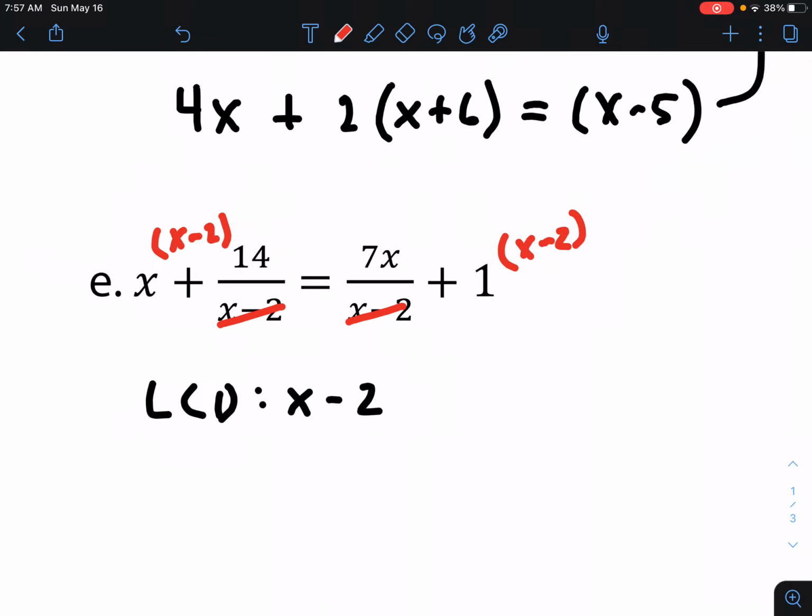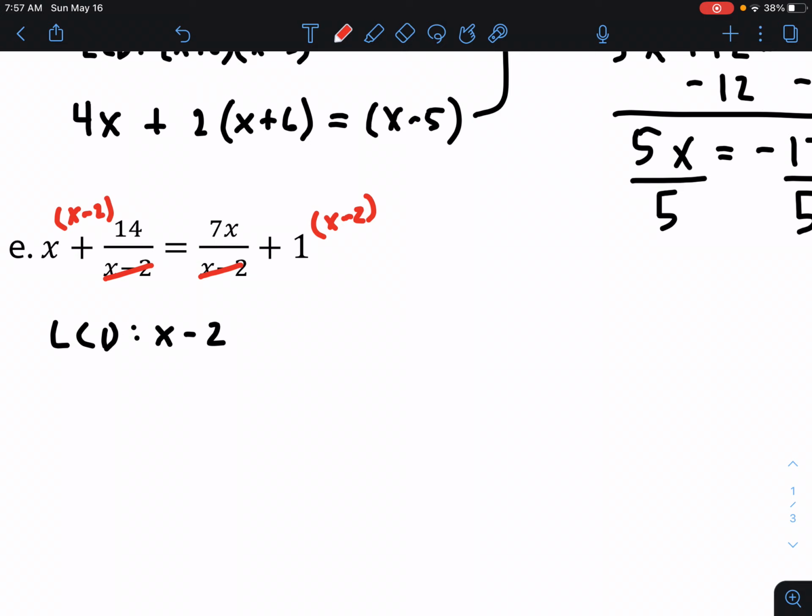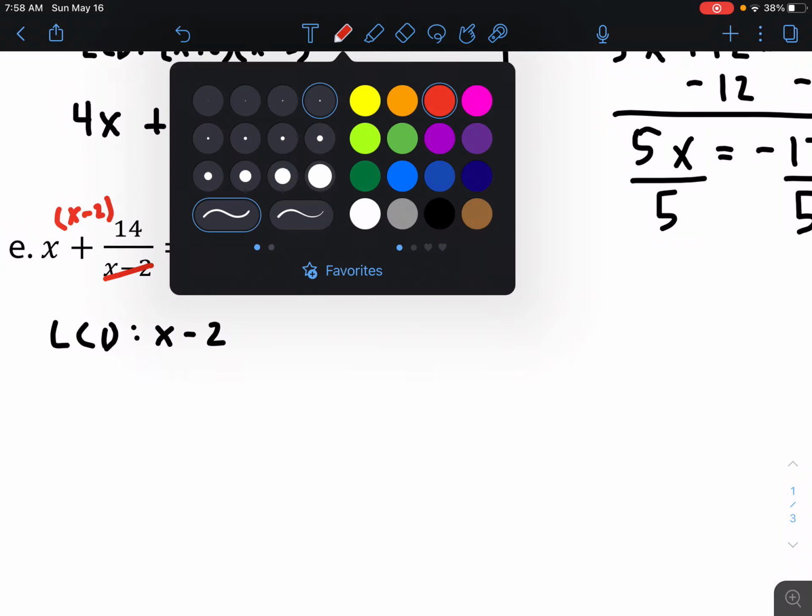So instead of having to write everything out, when I eliminate that denominator, and that denominator, anything that doesn't have a denominator needs to be multiplied by the LCD. Okay, so that's another way to think about how to do these.